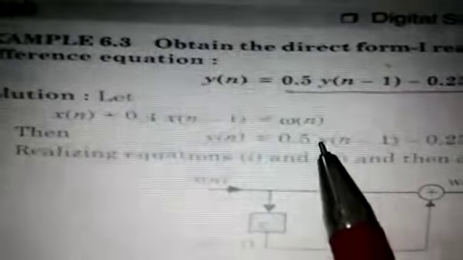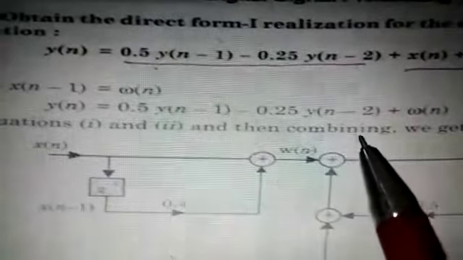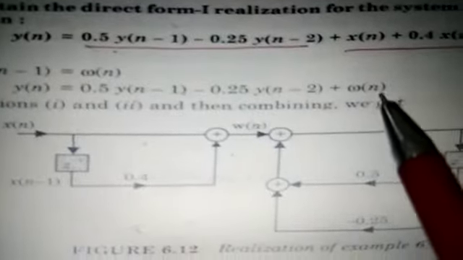Then you can see here, x of n plus 0.4 x of n minus 1 is equal to omega n, and y of n is equal to 0.5 y of n minus 1 minus 0.25 y of n minus 2 plus omega n. So the terms of x of n are written in terms of omega n.